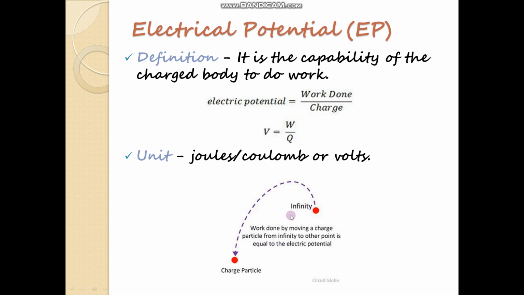See, in this diagram, this charged particle is moving from infinity in one particular direction, meaning it moves and it does work. So how to find the electric potential? Work done divided by charge. As the unit of work done is joules and the unit of charge is coulomb, the unit of electric potential is joules per coulomb, or simply volts.